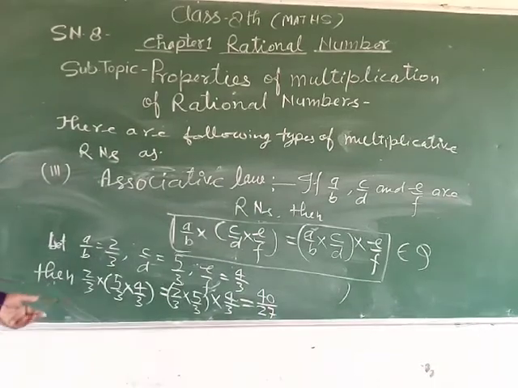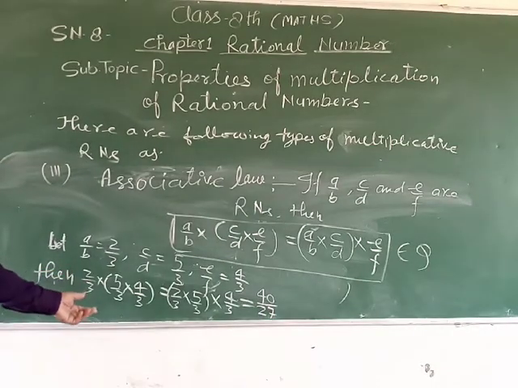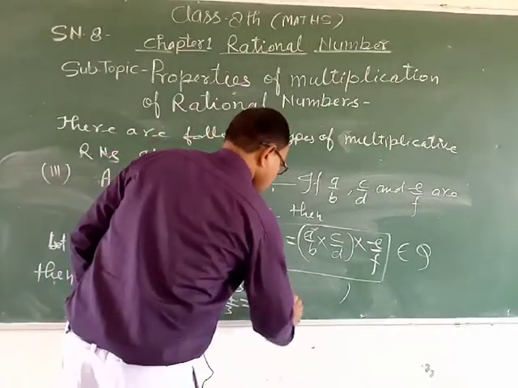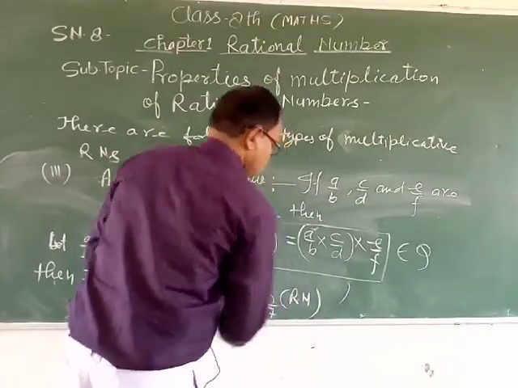Okay, student? 40 upon 27 is also a rational number.